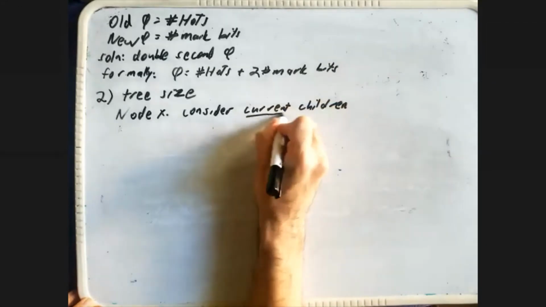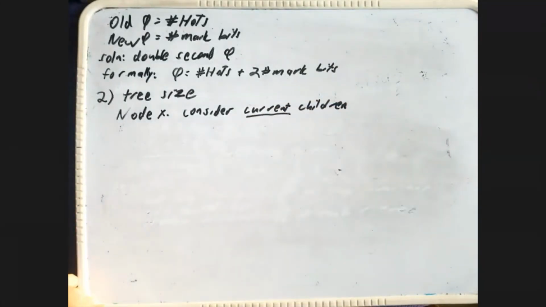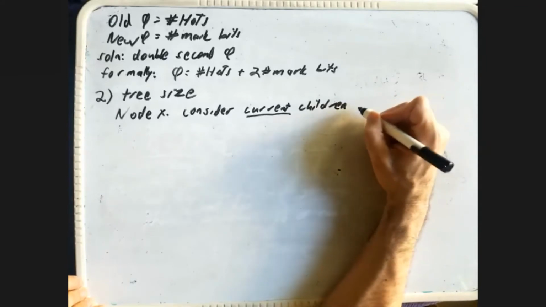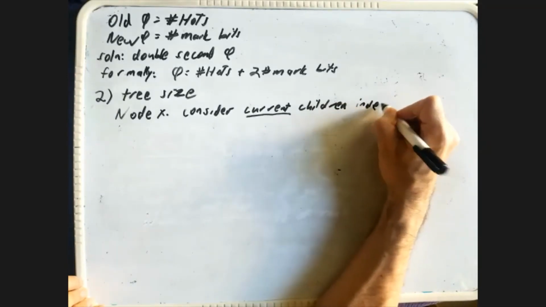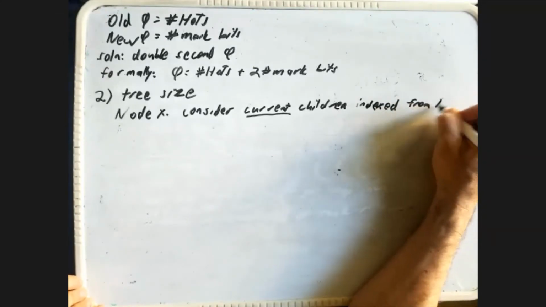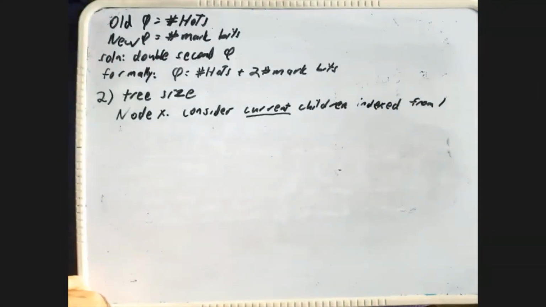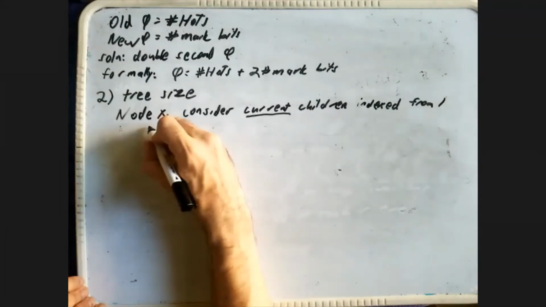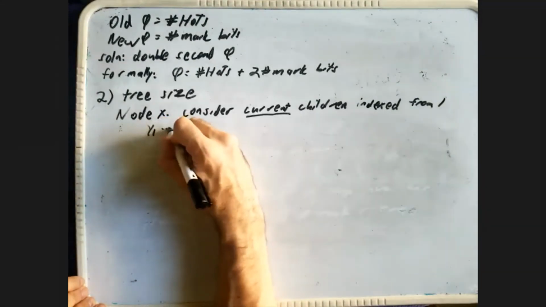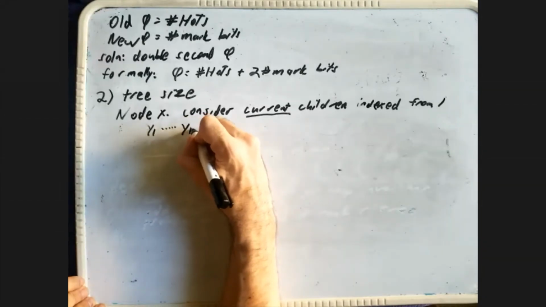Some might be gone because of various deletions and cascading cuts that we did. Indexed from 1, I'm going to call these y1 up to some yk.